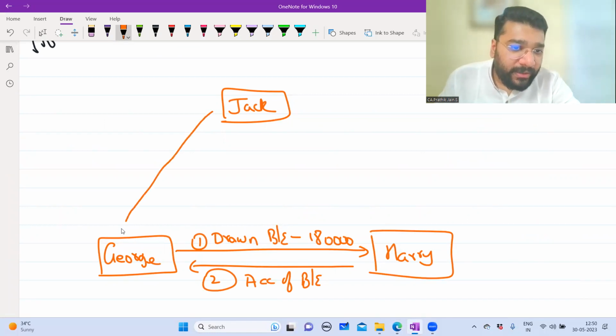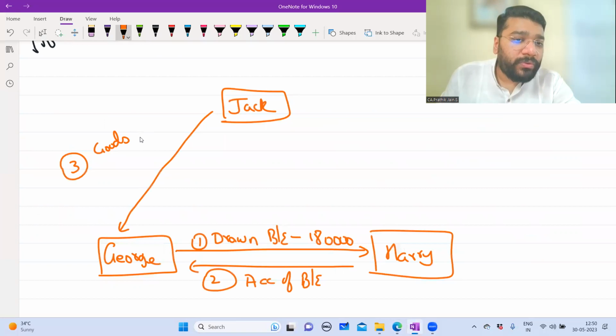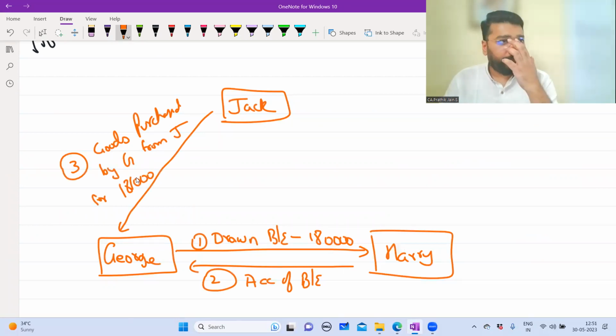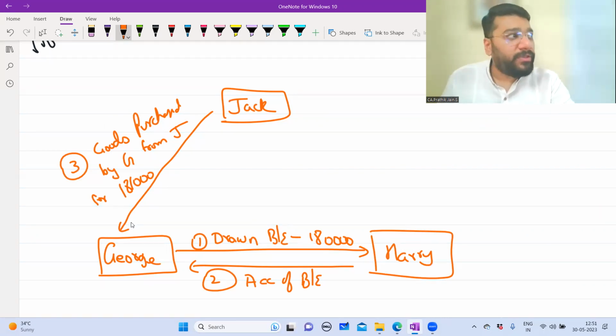So can I say the third transaction is goods purchased by G from J for 1,81,000 rupees? Any problem? For G it is purchase, for J it is sale. For Georgie it is purchase, for Jack it is sale.